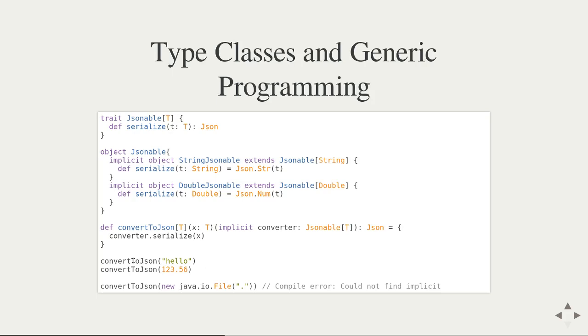So now it is valid for me to convert a string to JSON. It's valid for me to convert a double to JSON, but because I did not define a File JSONable, it is not valid for me to try to convert a file to JSON. And so it's almost as though I had defined a type hierarchy, and that these are of some type that can be converted to JSON.